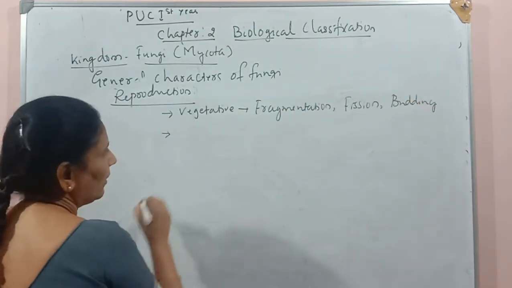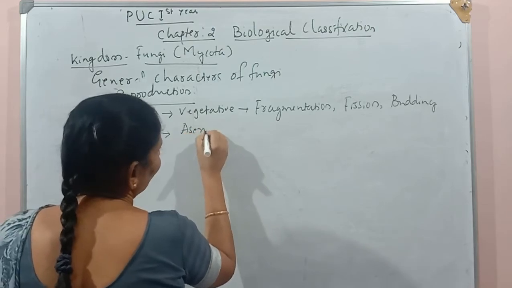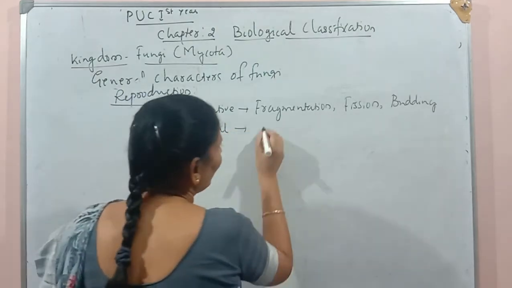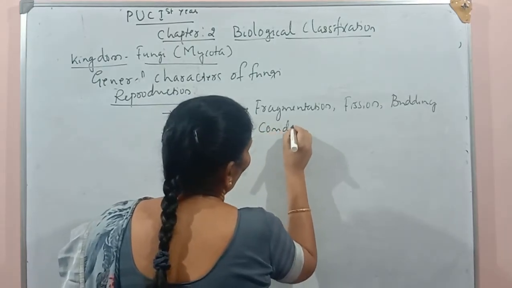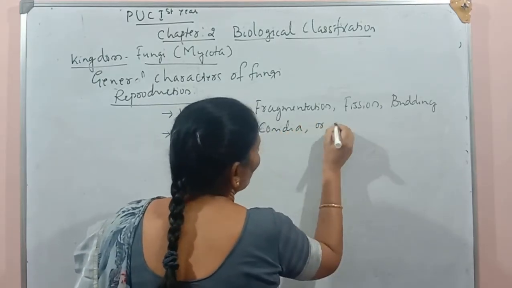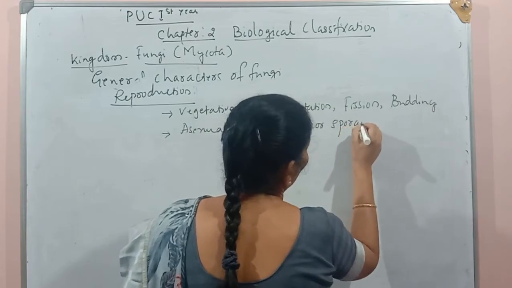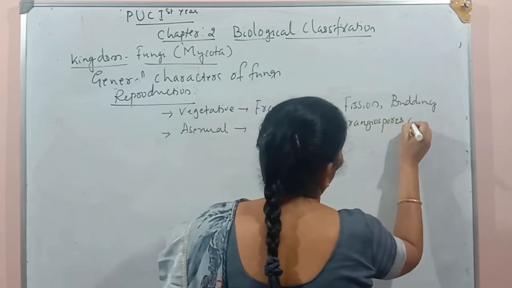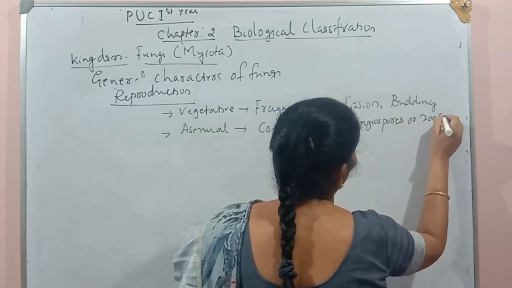Second type is asexual, by spores like conidia or sporangiospores or zoospores.